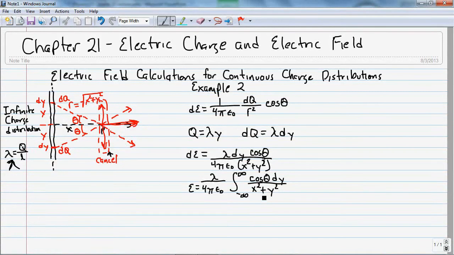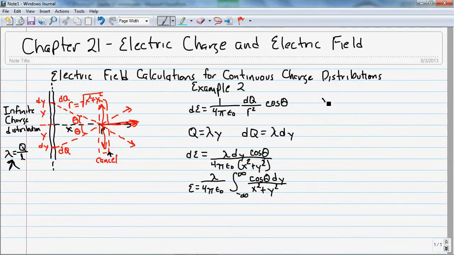Okay, now I have this cosine theta, and I really need to get rid of it. And in the process of getting rid of this cosine theta, I'm going to really want to deal with my differential y also. So let's start with y.